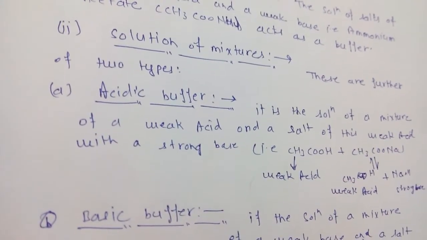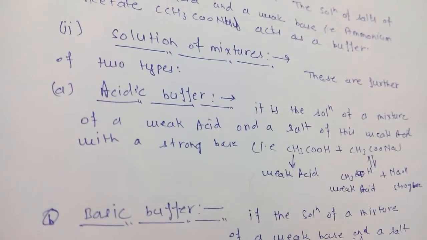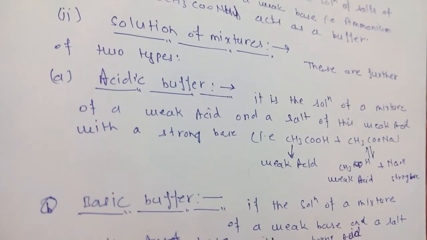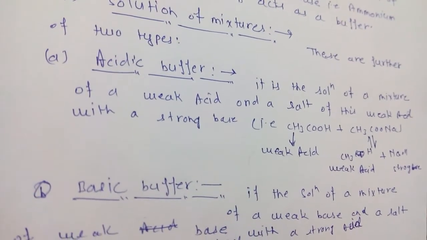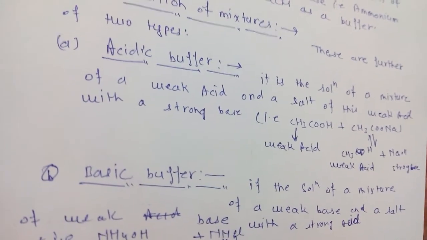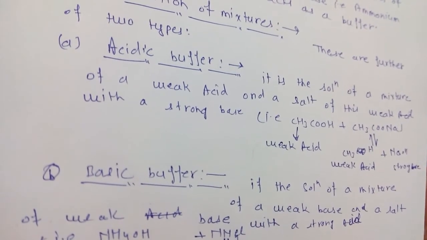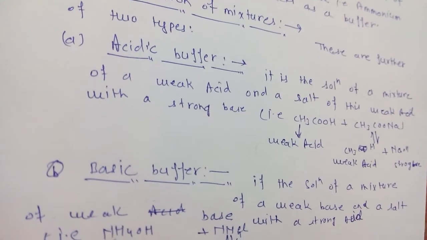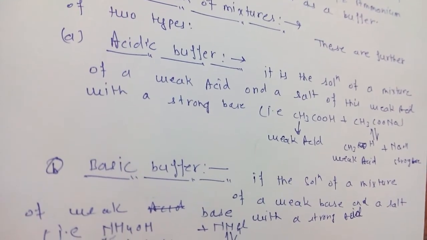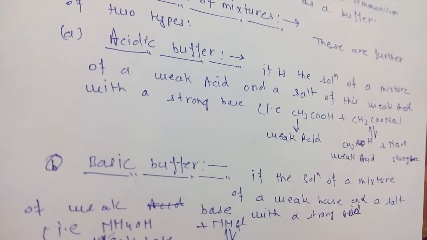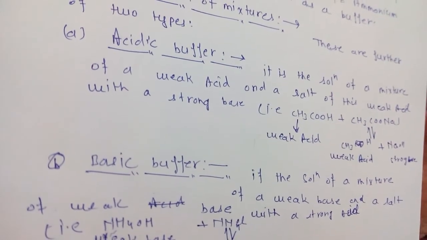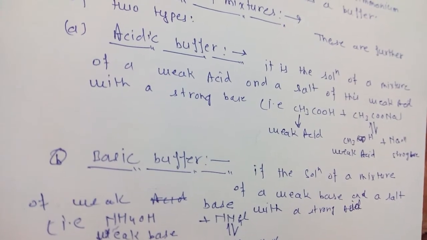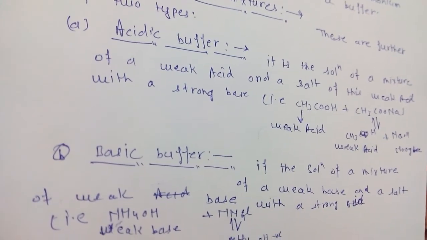B part, means second part of solution of mixture, basic buffer. What is basic buffer? It is the reverse of acidic buffer. It is the solution of a mixture of a weak base and a salt of that weak base with a strong acid, just the reverse of acidic buffer.